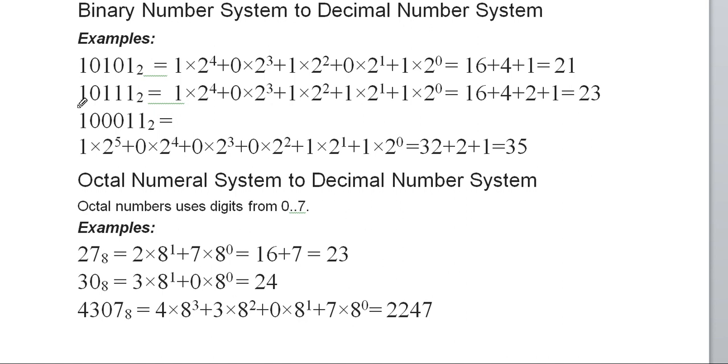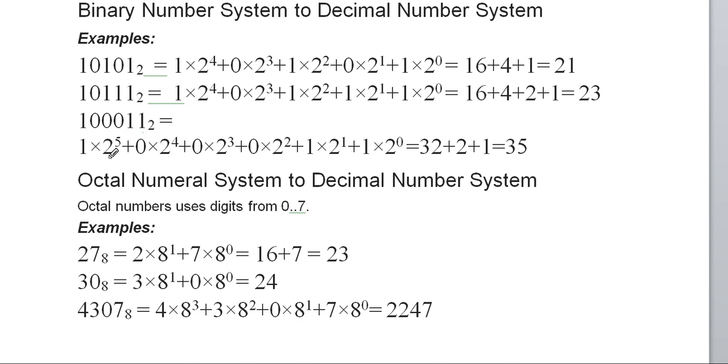Some other examples are also mentioned here. For example, another number is 10111, and you follow the same process and you will get the result. In the similar manner, every time you have to do the same process. Here is another number, and the bits contained by this number are 1, 2, 3, 4, 5, 6.